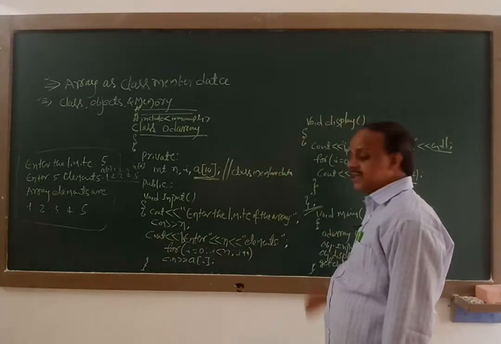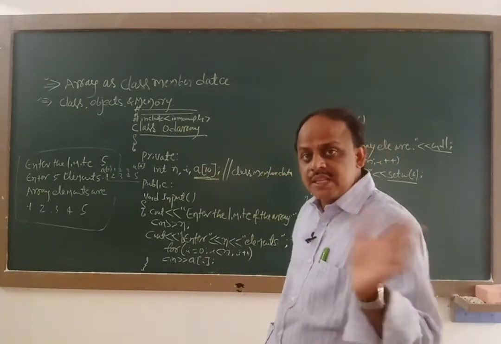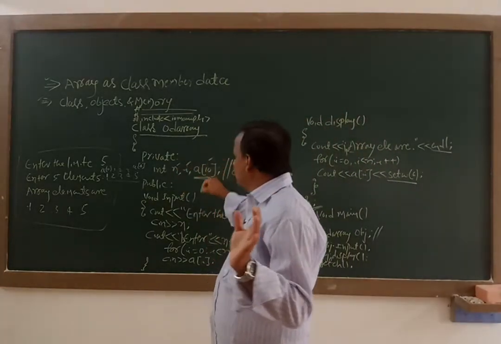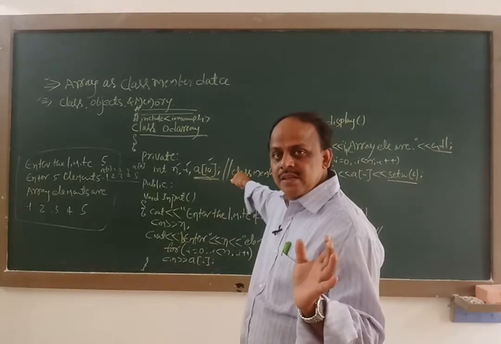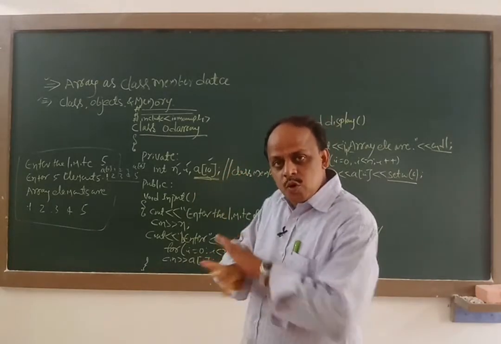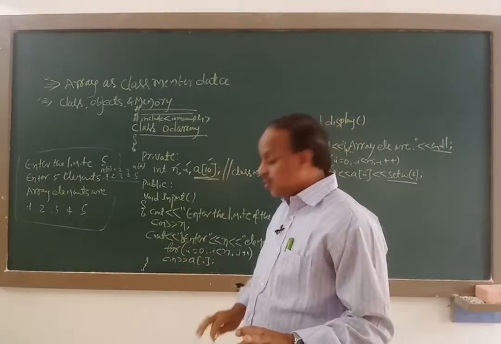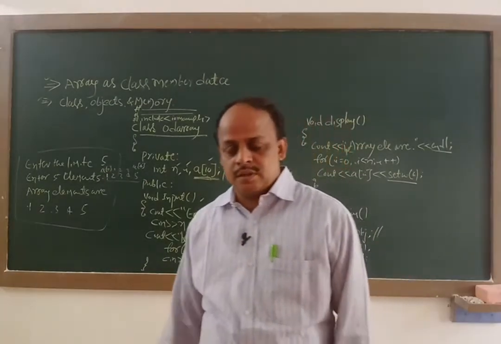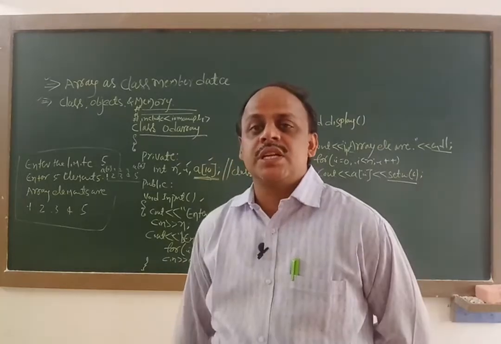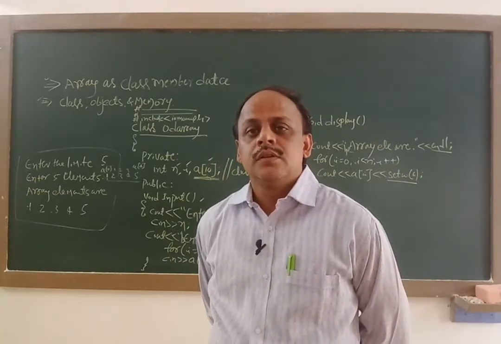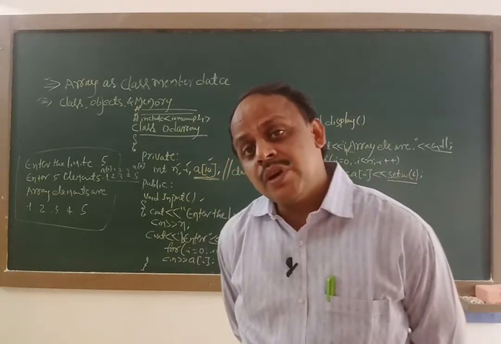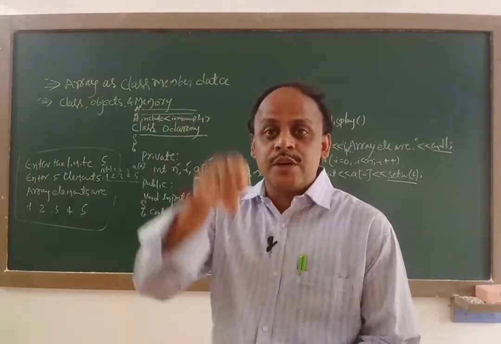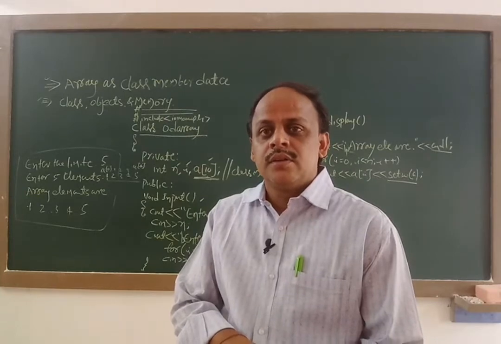Here the class ends, right? Then there is no memory allocated for these integer variables, means these member data. There is no memory allocated for this input function as well as display function. So when memory is not allocated, how is data going to be stored, where is it going to be stored, right?